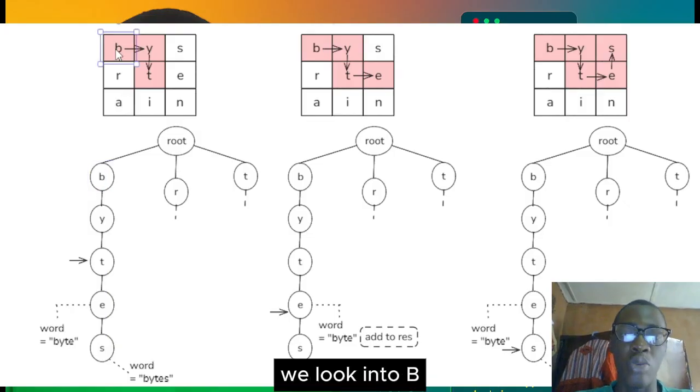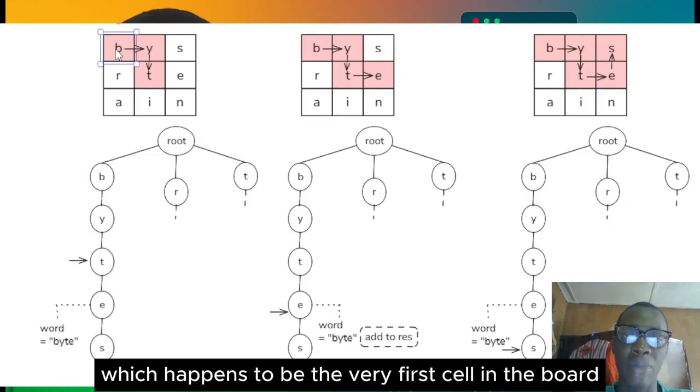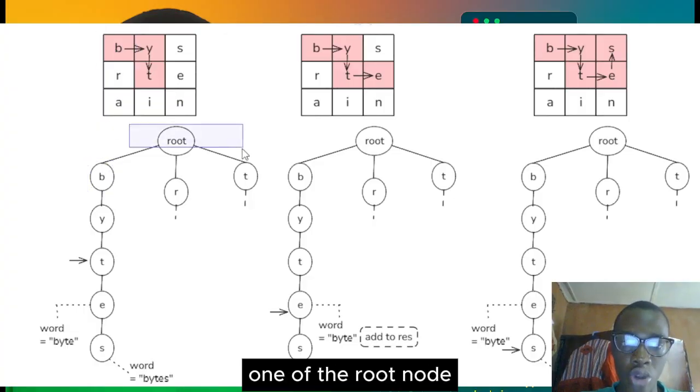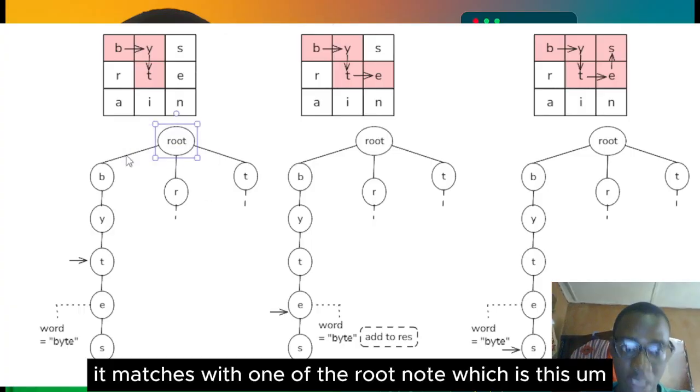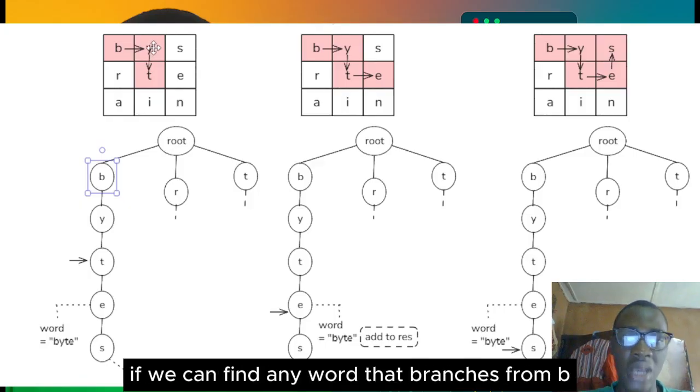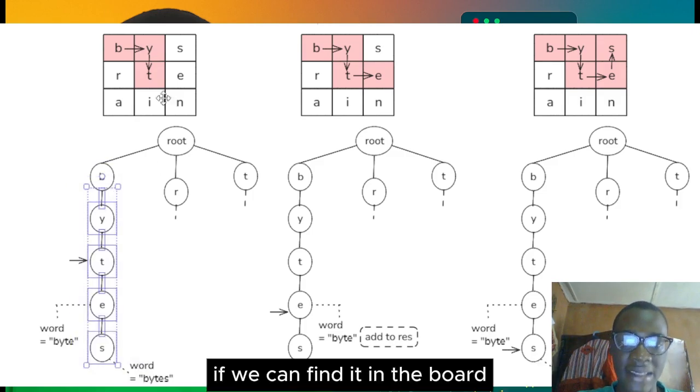You understand? We look into B, which happens to be the very first cell in the board, and this B also happens to be one of the root nodes. It matches with one of the root nodes, which is this node B, right? So because of that, we perform a DFS to check if we can find any word that branches from B in the board.